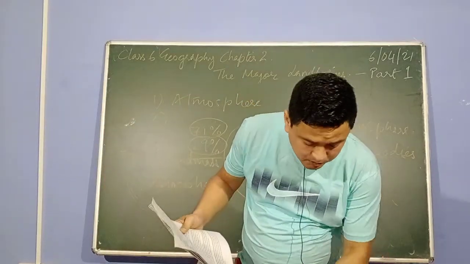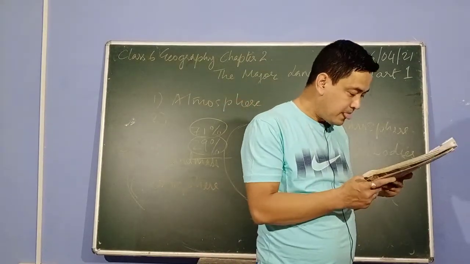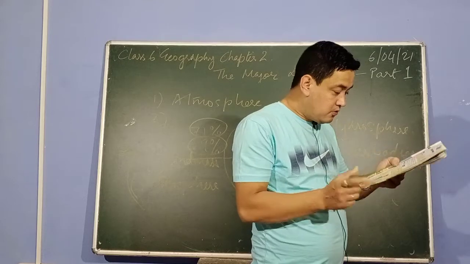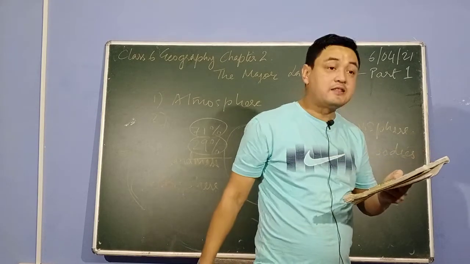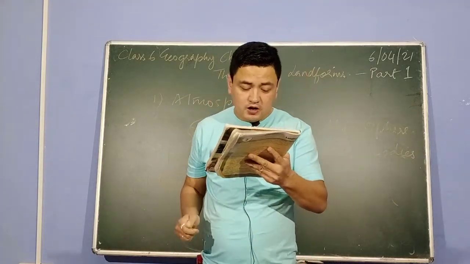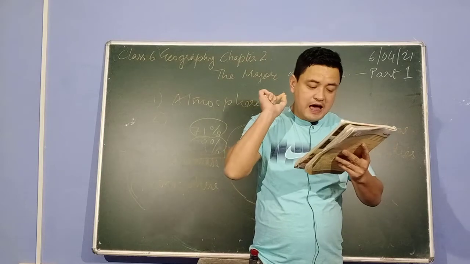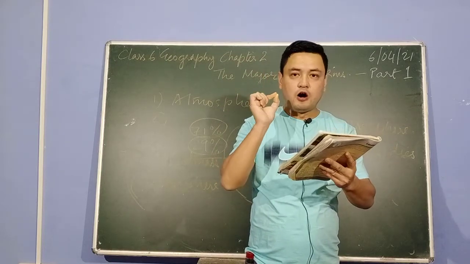So in your book it is written, on the 10th line in page number 19: the lithosphere and hydrosphere lie on the outermost layer of the earth.